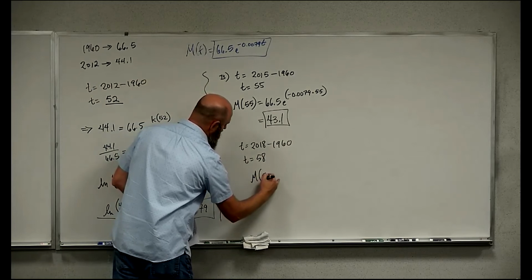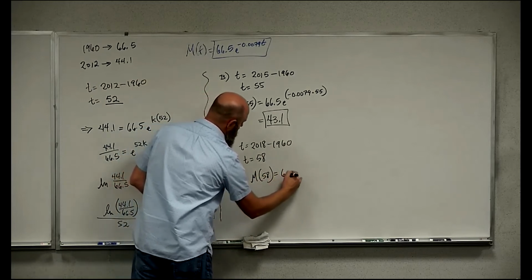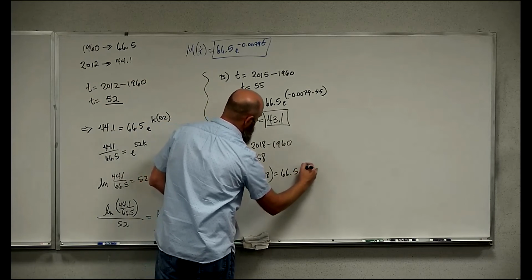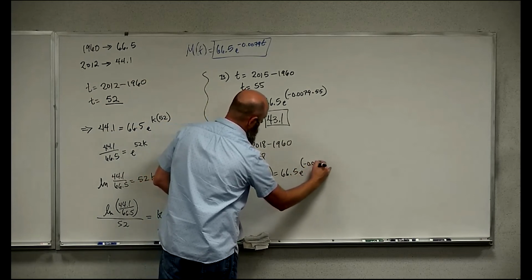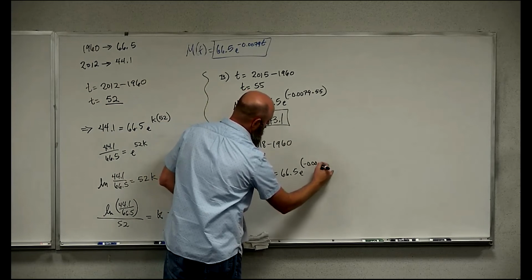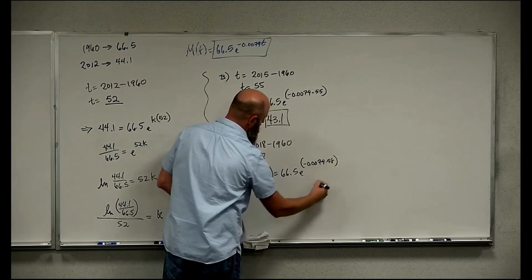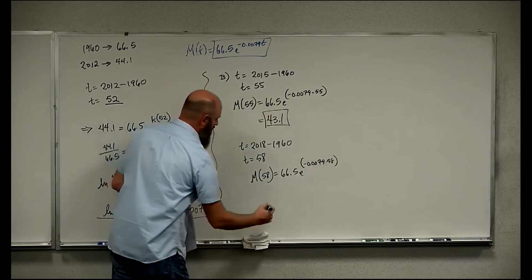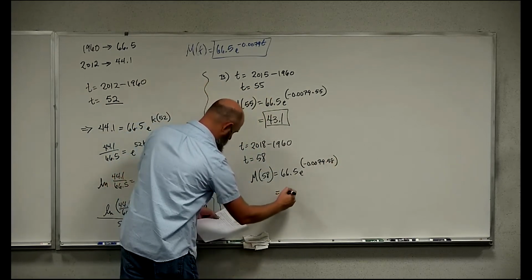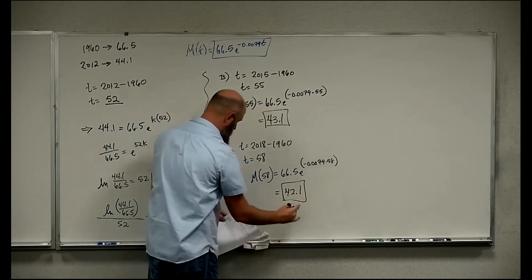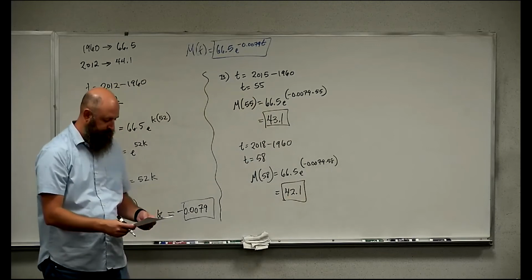So M of 58 equals 66.5 e to the negative 0.0079 times 58, which is going to be, what did I come up with there, 42.1 on that one.